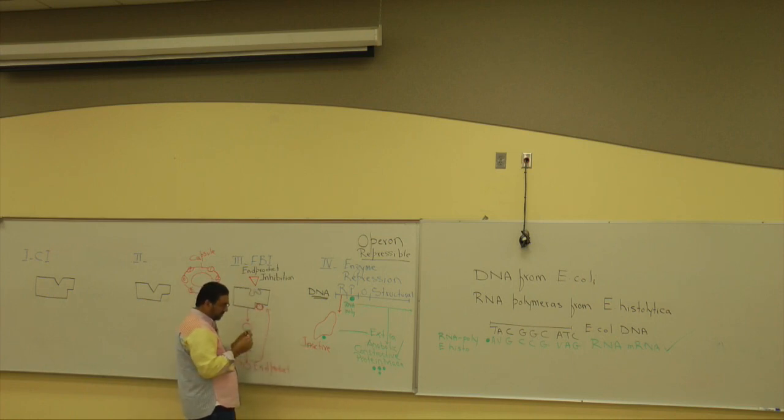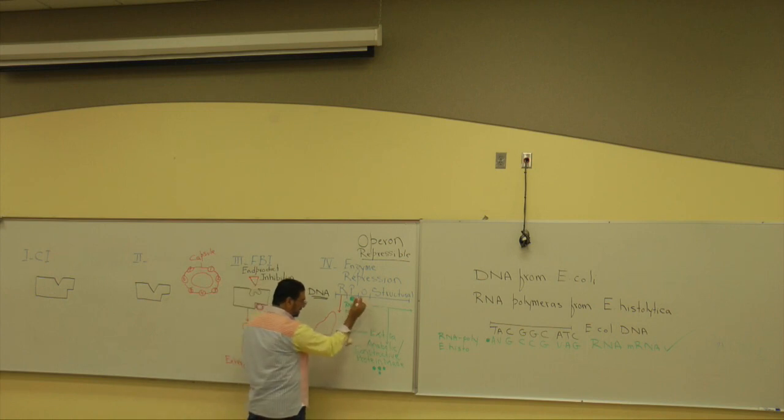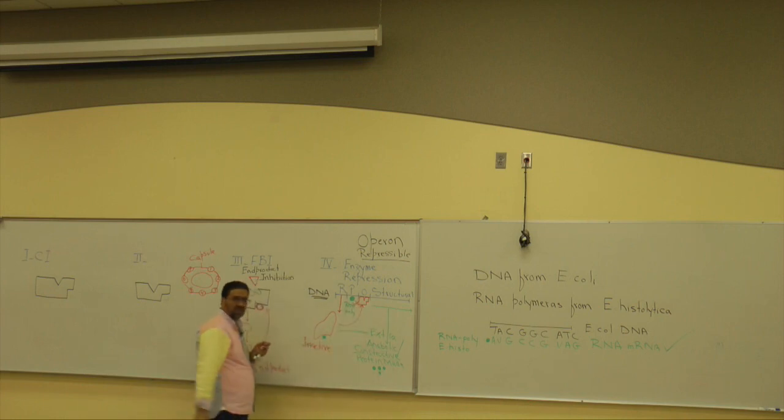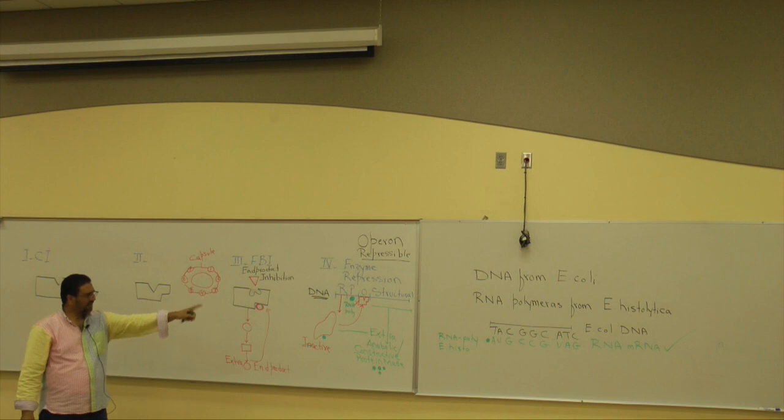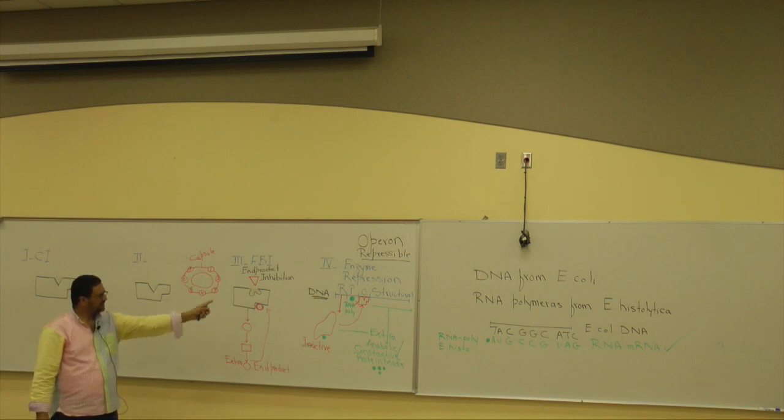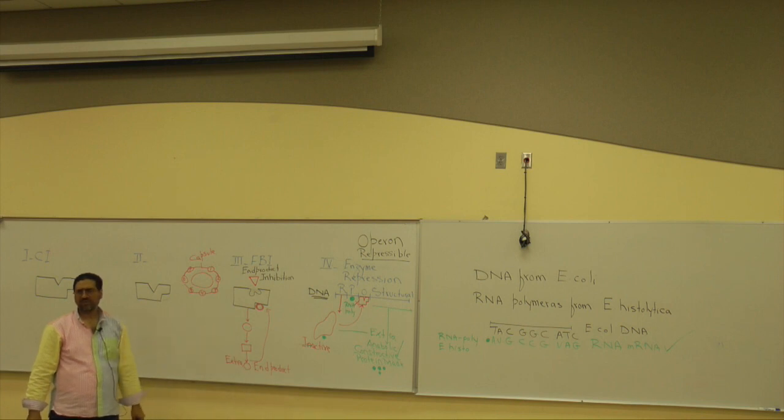An active repressor always binds to the operator and blocks the passage of RNA polymerase and shuts off its own synthesis. So that's how the two processes are similar. End product inhibition is the same as anabolic repression.